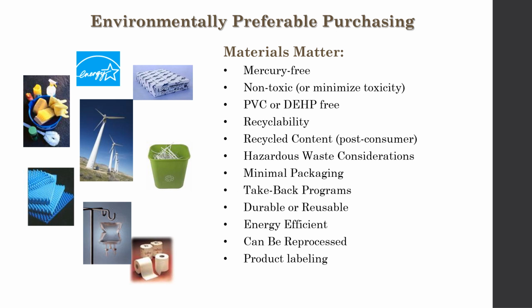We want to specify the energy efficiency of a piece of equipment or a component we're purchasing. We ask for certain packaging, which can influence how the materials are transported to us, and we try to optimize the transportation of those materials to us.